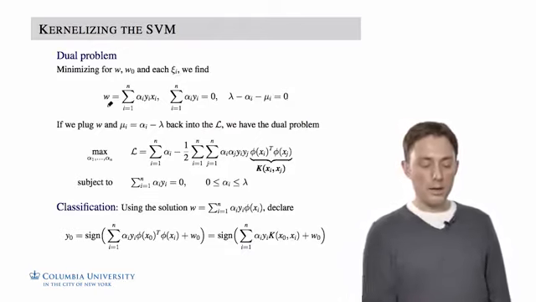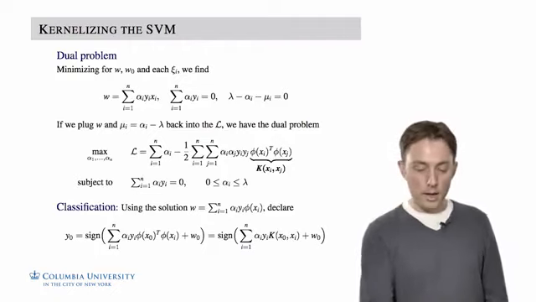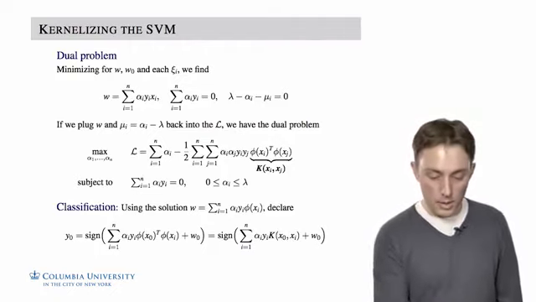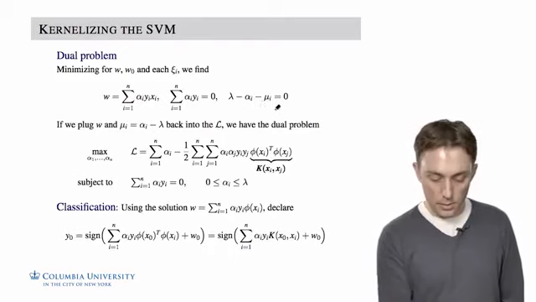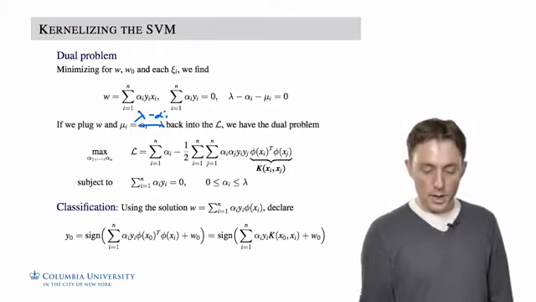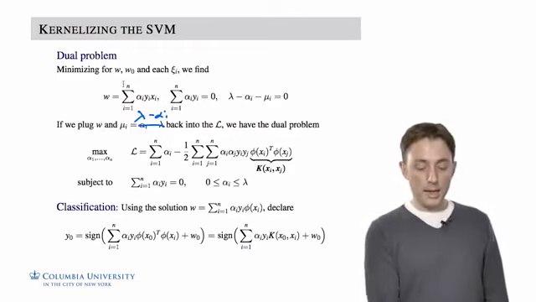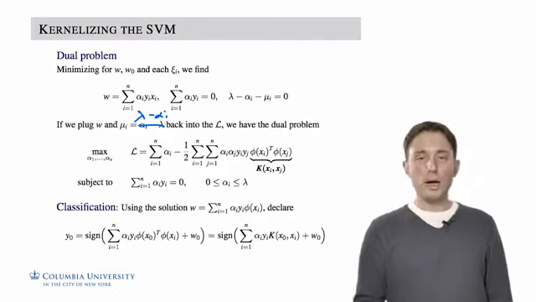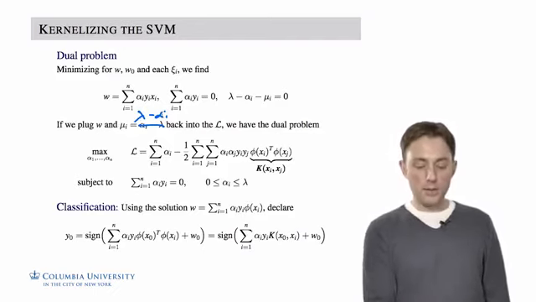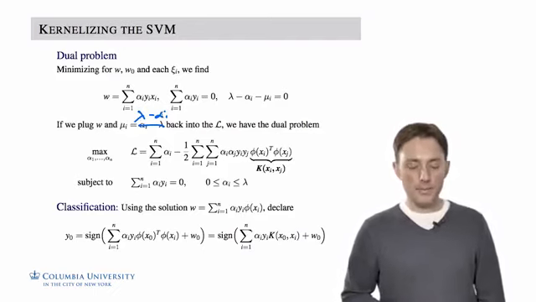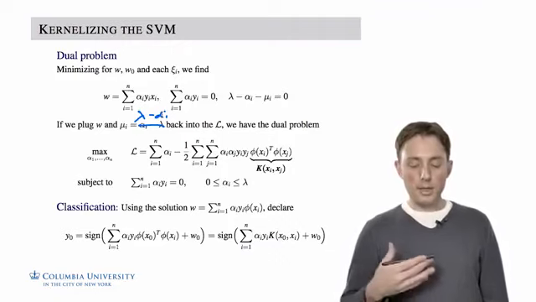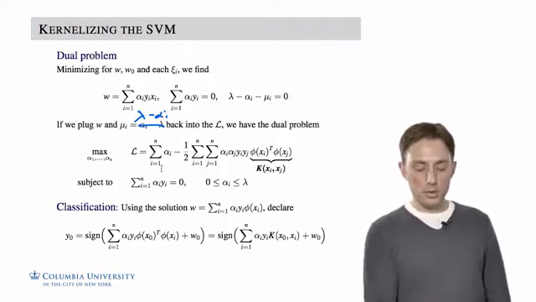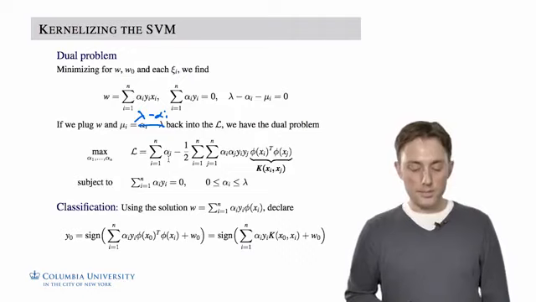So now if we plug W back in, and I have a typo here, this term, if we solve for mu, gives us lambda minus alpha I. If we plug W back in, and we plug mu I, lambda minus alpha I, back into L, we'll find that we have the dual problem, which is equal to this.